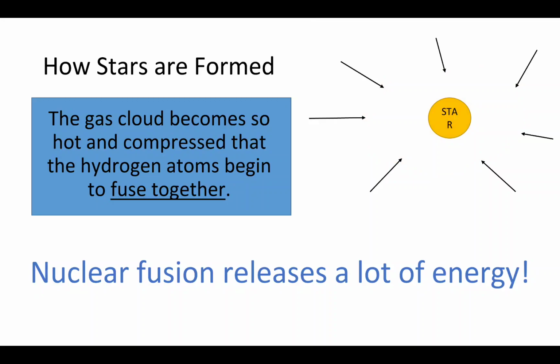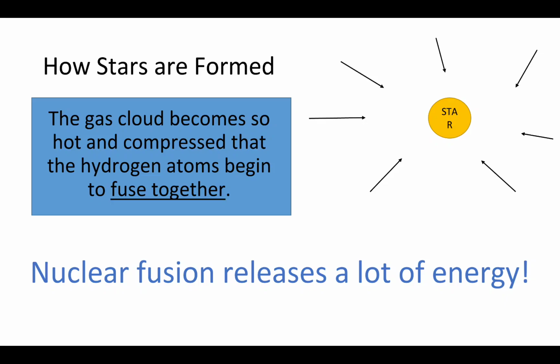So the fusion of hydrogen occurs at around 15 million degrees Celsius. So obviously really hot. For nuclear fusion to occur, you need drastic pressure and those drastic temperatures. So stars are ideal for nuclear fusion. And nuclear fusion consequently releases a lot of energy.